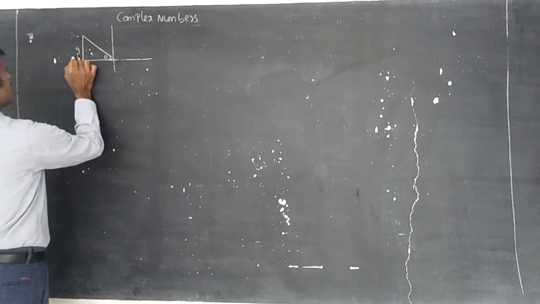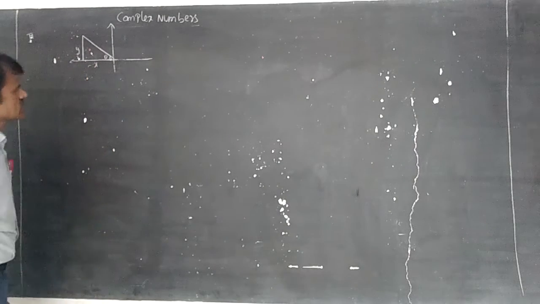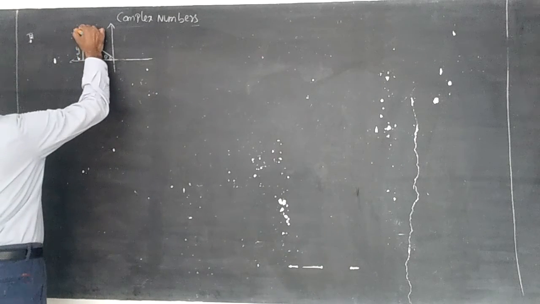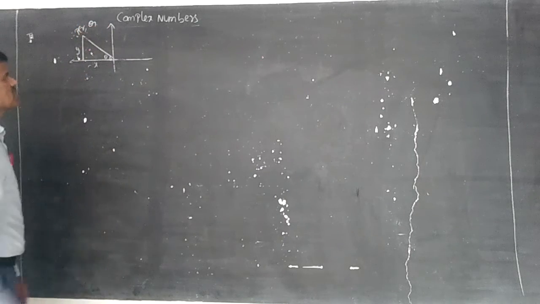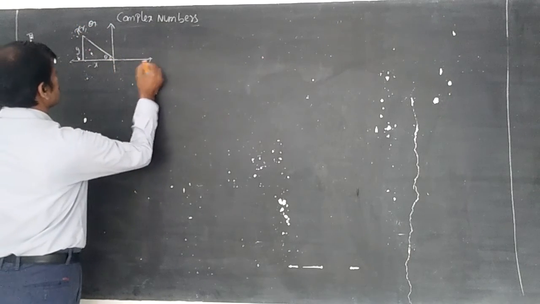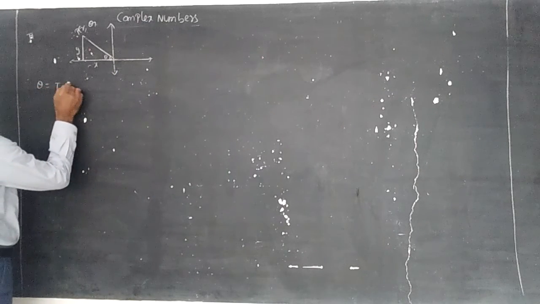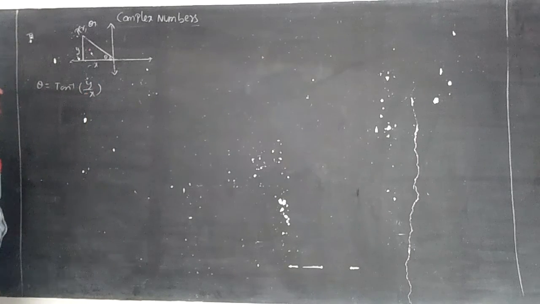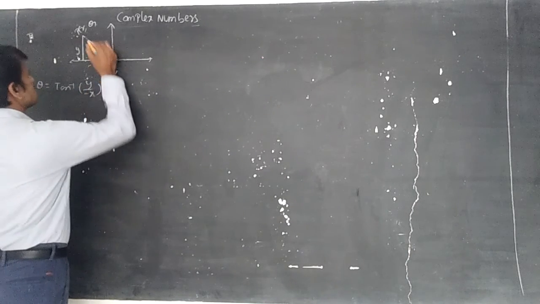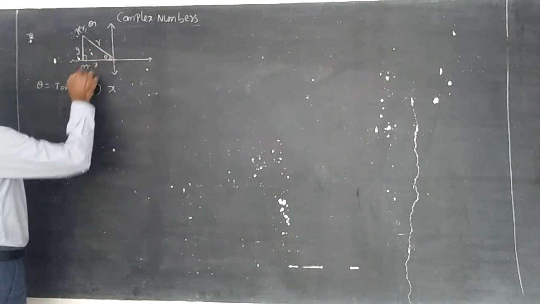This is y. Y is positive and this is minus x. In the same way, you can write here P(r, theta), and x is equal to r cos theta. The concept, you can say theta is equal to tan inverse of y by minus x. Like this you write. This is r, which is root of x square plus y square. Put this is m.